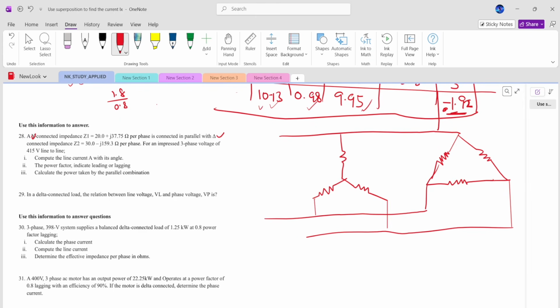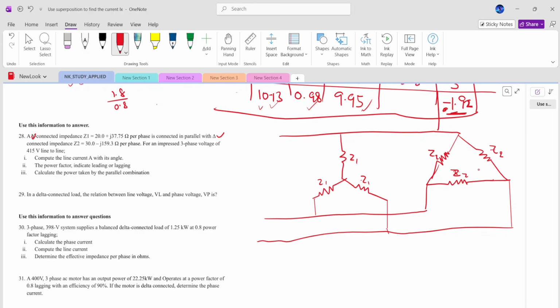So you have a system like this, right? And this one is a balanced one, and it is all Z1. So Z1, Z1, Z1, and this is Z2, Z2, Z2.